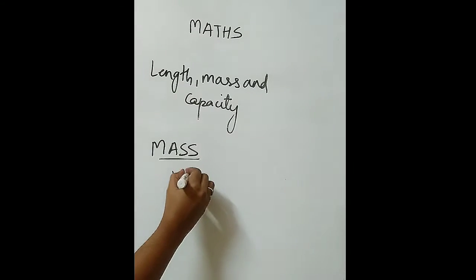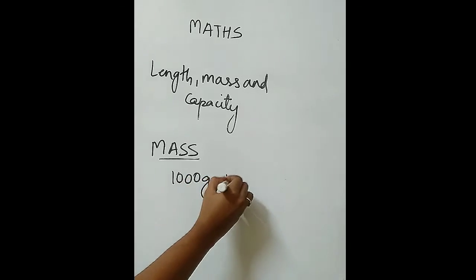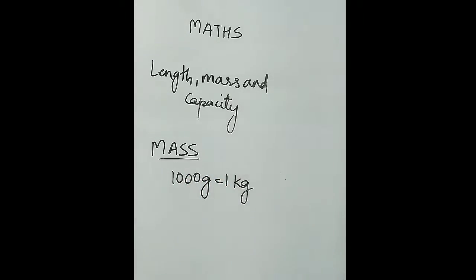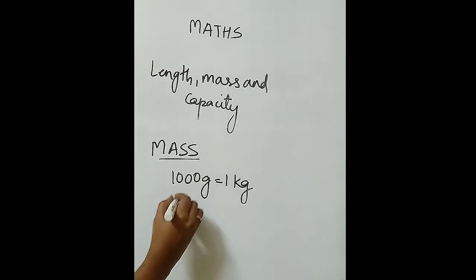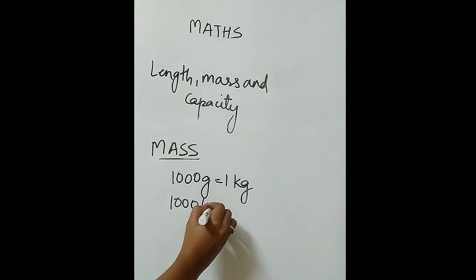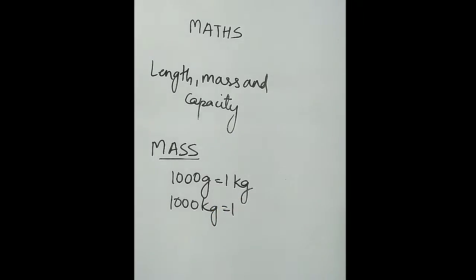Now 1000 gram is equal to 1 kg. Again 1000 kg is equal to 1 ton, and it is denoted by small t. You will usually see 1 ton in factories because it's a lot, 1000 kg.